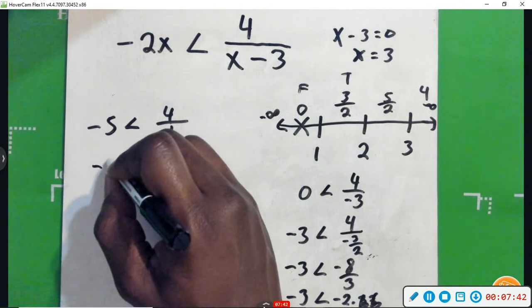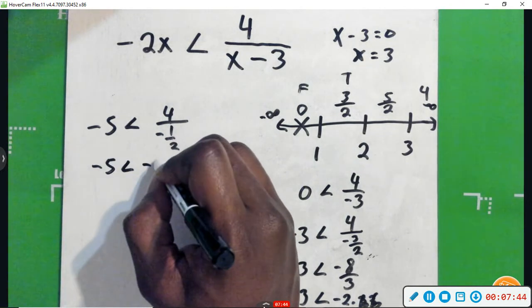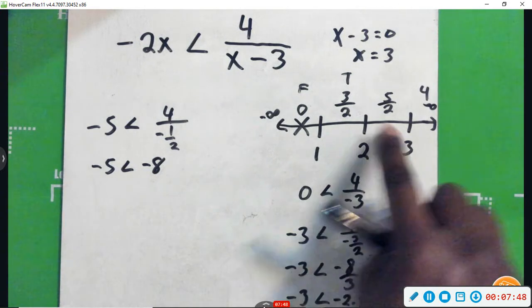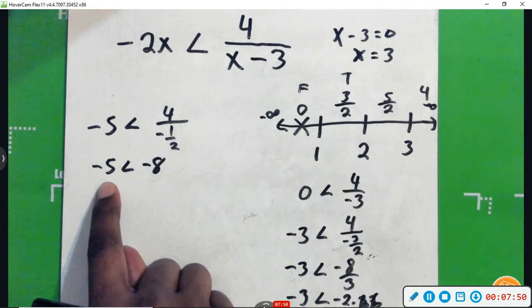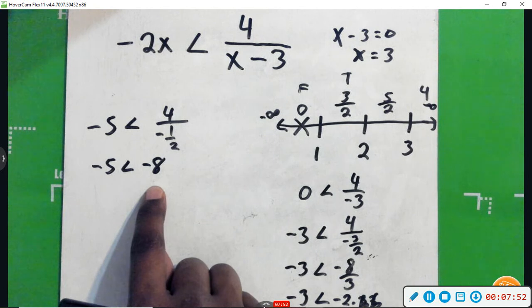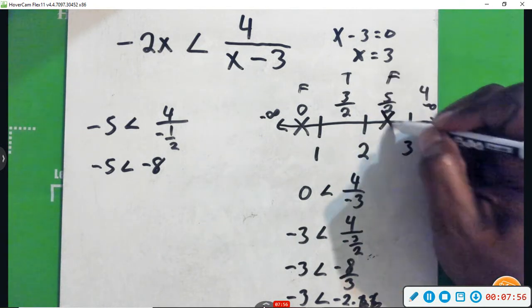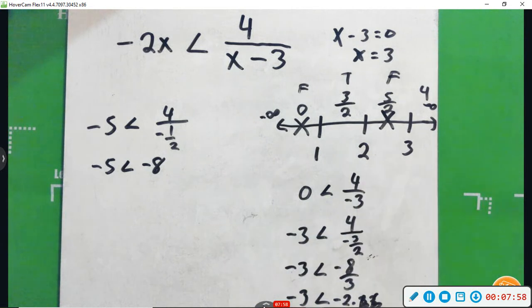So negative 5 is less than negative 8? Negative 5 is actually greater than negative 8, so this part is false. So we will not use between 2 and 3.